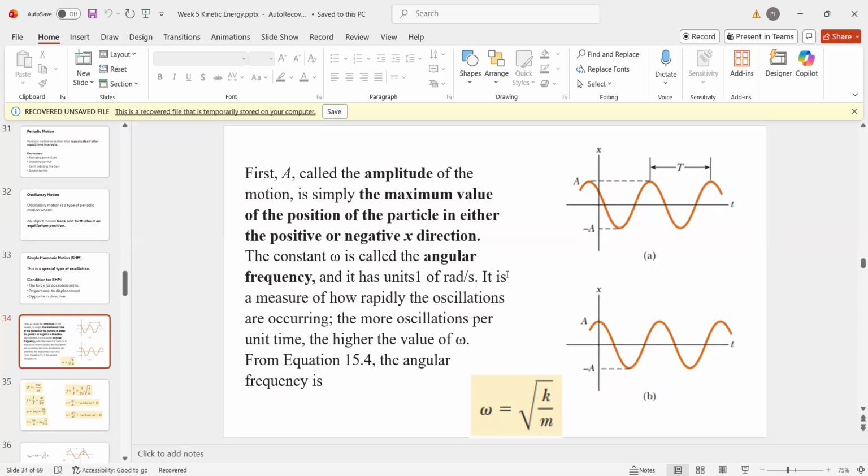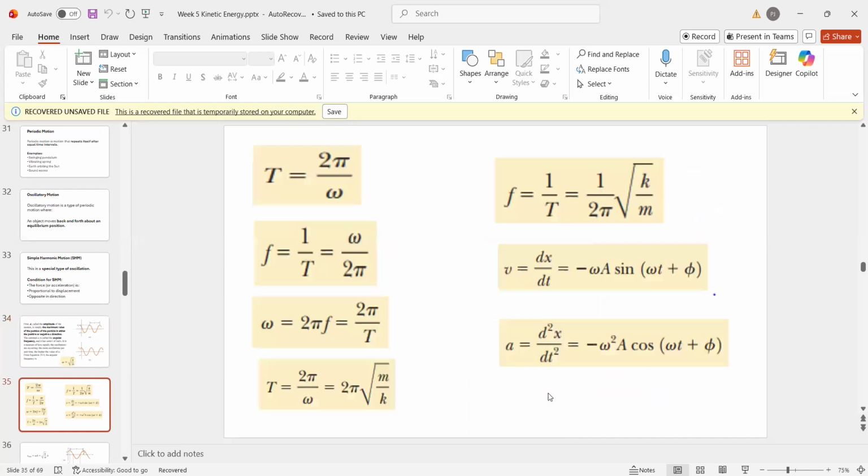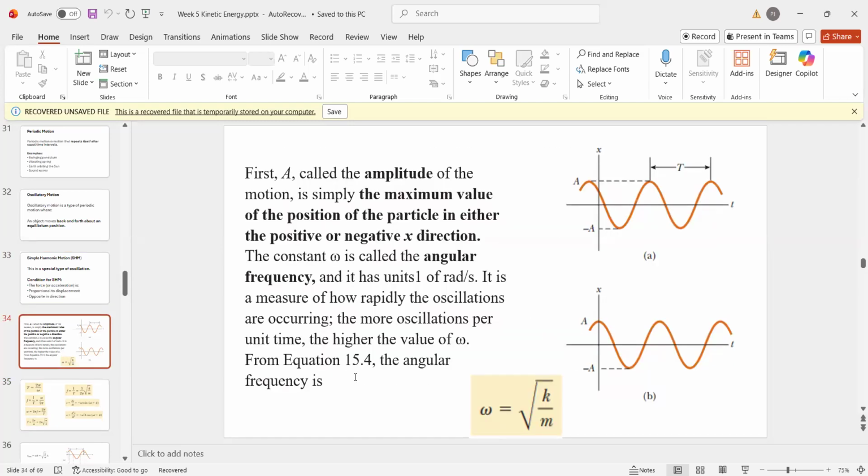So we have the angular frequency in terms of the spring constant K and the mass M. So mostly we talk about the K and the mass. These are the relationships that you have to know: omega is equal to the square root of K over the mass.